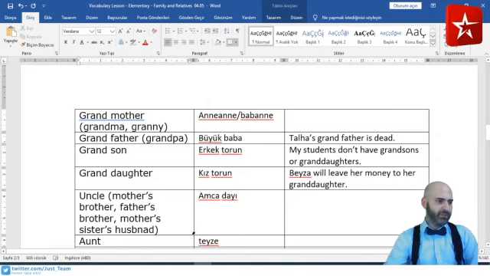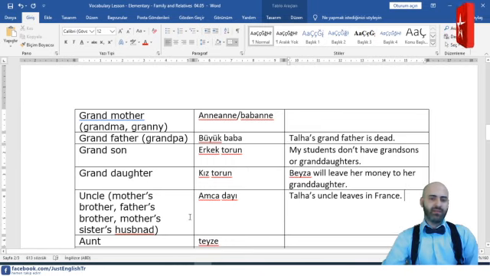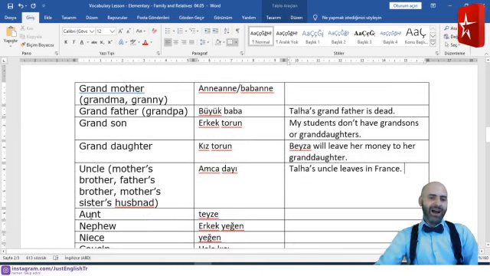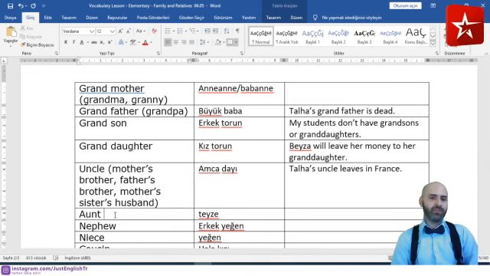We have an example from Talha. My uncle lives in France. Talha's uncle lives in France. Aunt is a woman relative. This can be your mother's sister, your father's sister. This can be also your uncle's wife, okay?